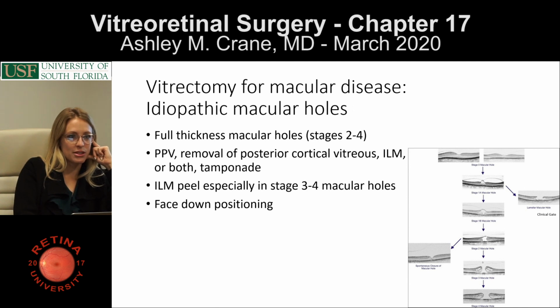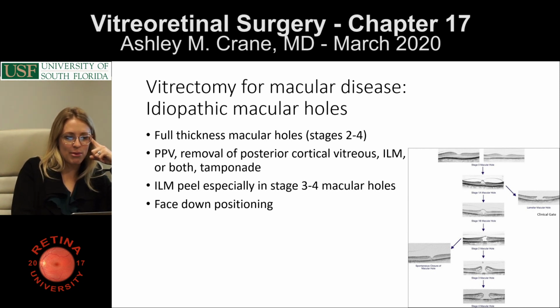And oftentimes that's done with the help of a stain, which stains the internal limiting membrane. The stain that is most commonly used is either ICG or one of the blue stains, which are not quite currently available, but they'll be available in April again.